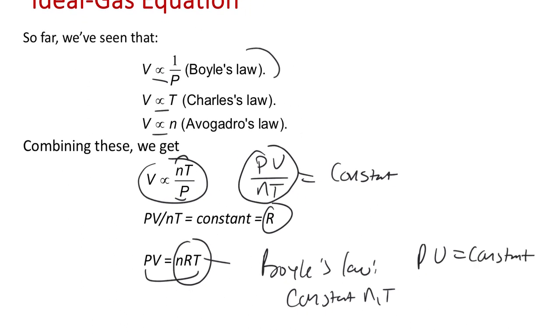The constant we can see now is nRT, but nRT would just be a constant because n isn't changing in Boyle's law, T isn't changing in Boyle's law, and so that's how we can have P1 V1 equals a constant, P2 V2 equals the same constant, therefore P1 V1 equals P2 V2.